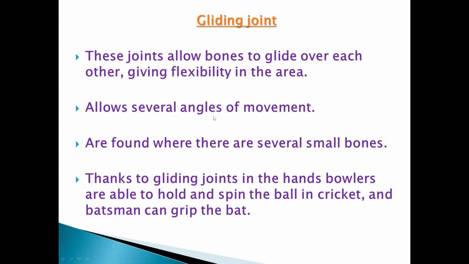And then of course they are saying thanks to gliding joints in the hand, bowlers are able to hold and spin the ball in cricket, and batsmen can grip the bat. Right, so as for that sports scenario, in terms of playing the ball or bowling the ball, this joint needs to be as flexible as it is.